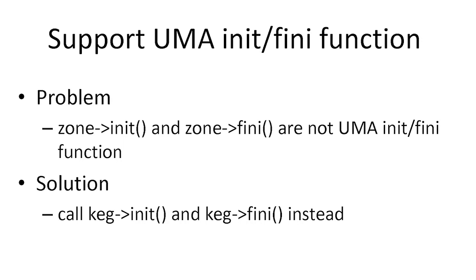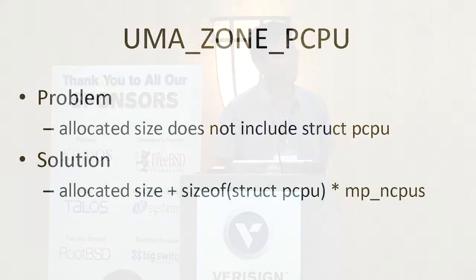So the correct initializer should be keg init, and the correct finalizer should be keg fini. So if you don't use these 2 functions, you will neglect the initialization of the object, which will cause many problems.